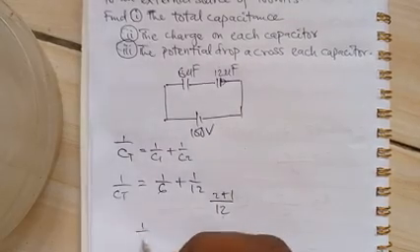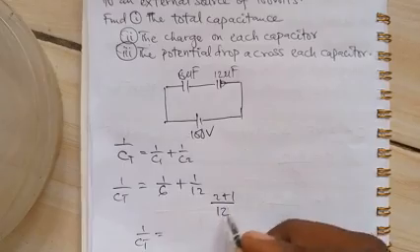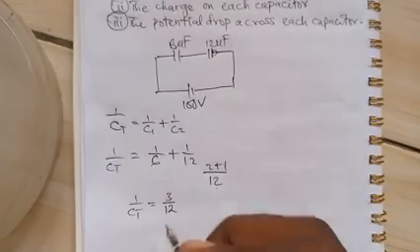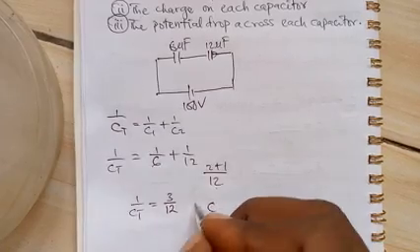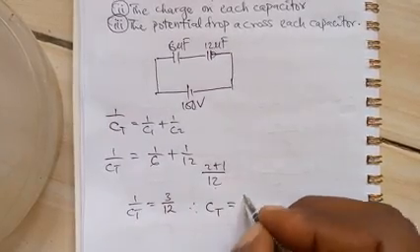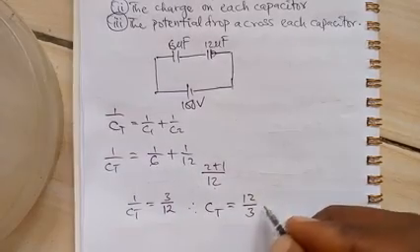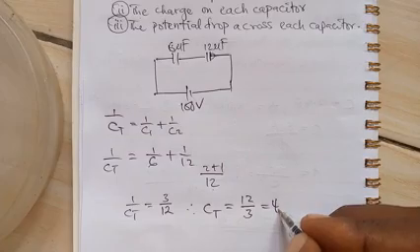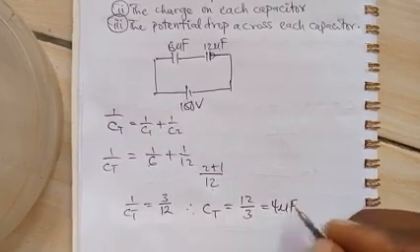So 1 over C total is 3 over 12. Therefore C total is the inverse, which is 12 over 3, or 4 microfarad.